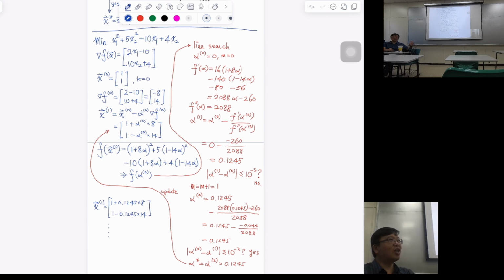Whenever you see an algorithm's name that has an animal inside, they try to mimic some animals' behavior in real life, and then use some mathematical description, like an ant or bee or butterfly or whatever.